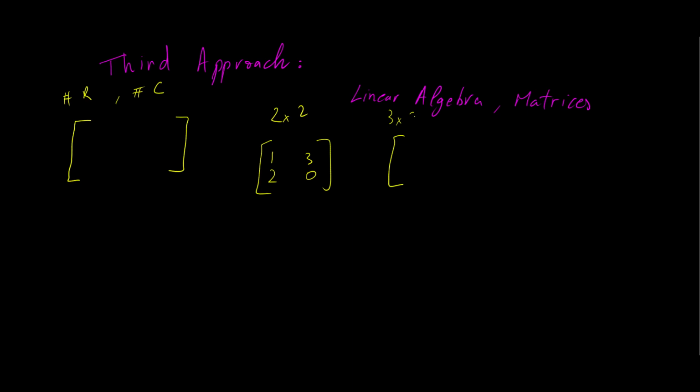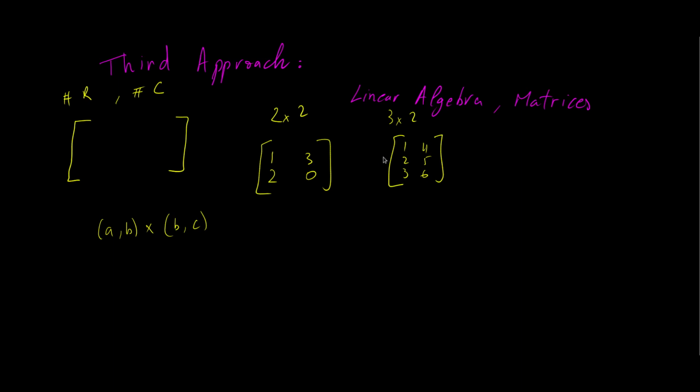This is a 3 by 2 matrix, so I have 1, 2, 3, 4, 5, and we can multiply two matrices only if this one has size A by B and this one has size B by C. Basically, the number of columns in this matrix has to be equal to the number of rows in this matrix.